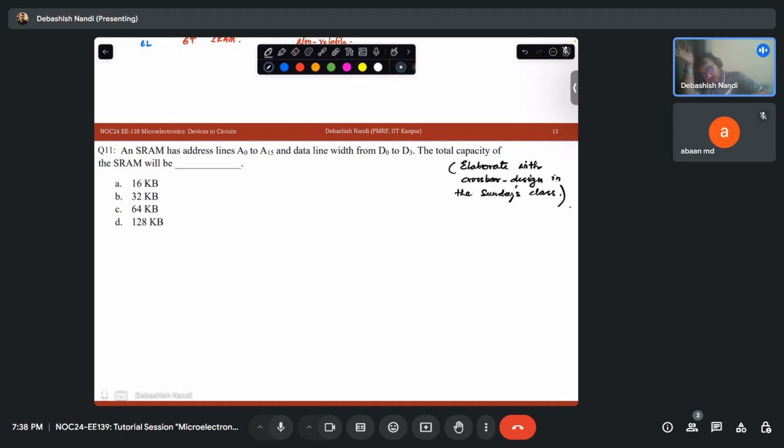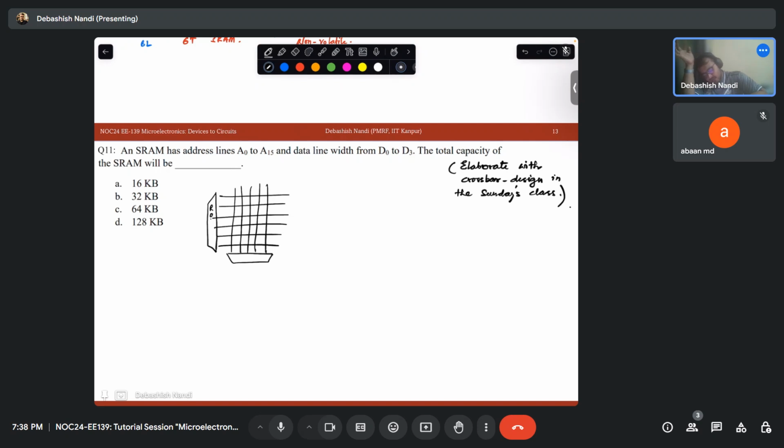For now, understand it simply in this fashion: something like this architecture.